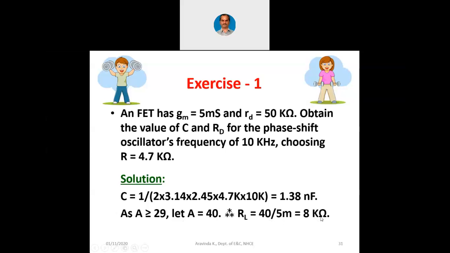Now, we will have to substitute that 8 kilo ohms in the parallel combination that was meant for this small rd and capital RD for the RL. So substituting that way, we get capital RD equals small rd into RL divided by small rd minus RL. We get an answer of about 9.52 kilo ohms.